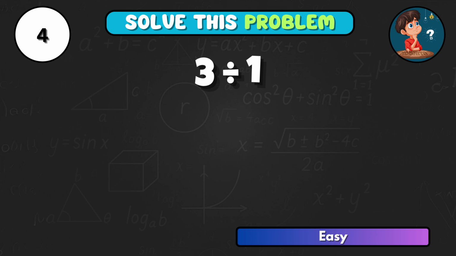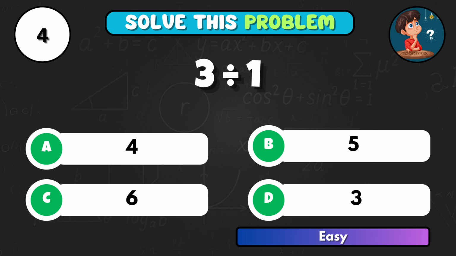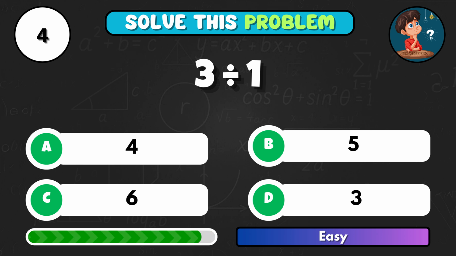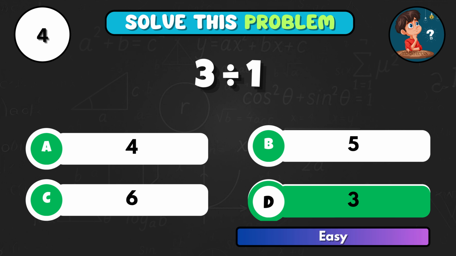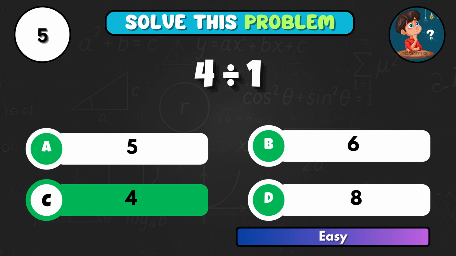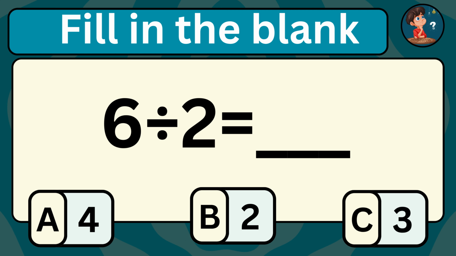Moving on, what does 3 divided by 1 give you? It comes out as 3. Divide 4 by 1. What's the result? The answer here is C, 4. Fill in the blank. What is 6 divided by 2?